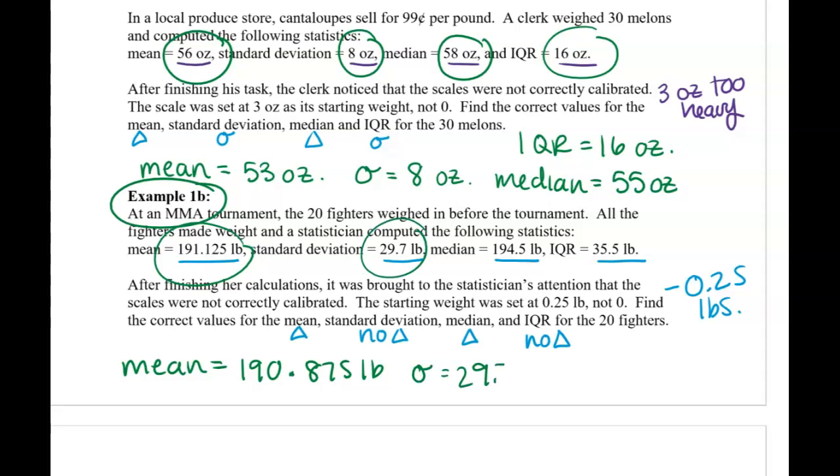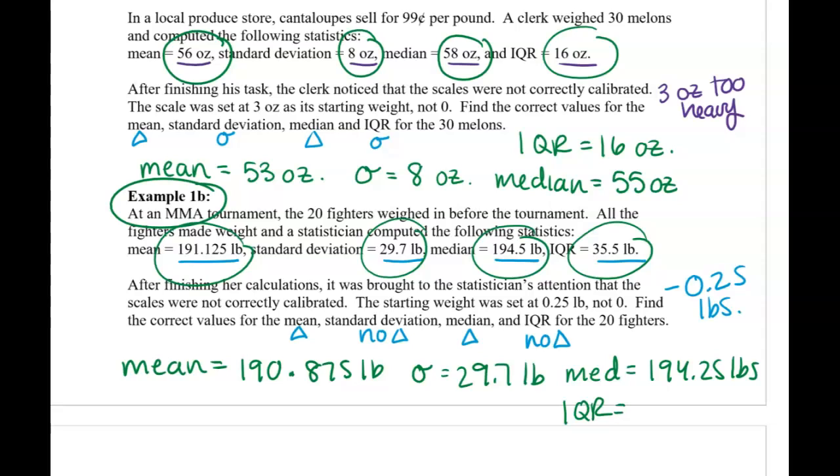It's still 29.7. The median, we subtract 0.25, so we get 194.25 pounds. IQR doesn't change, so the new IQR is the same as the old IQR, which is 35.5 pounds.